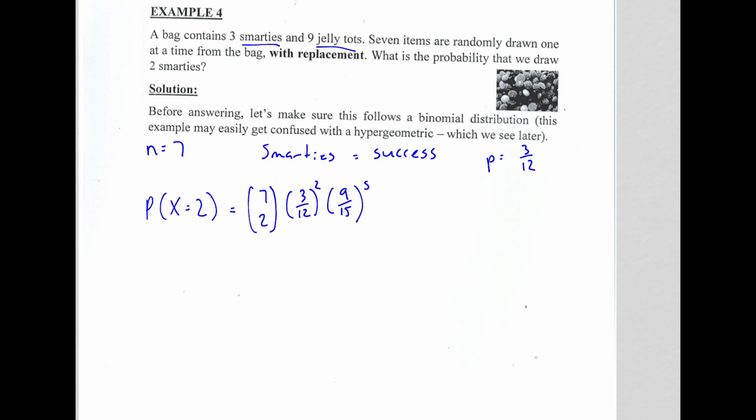And that must be to the power of 5 because the 5 and the 2 must add up to 7. Another way of looking at it is that the 5 is the n minus x, in this case, 7 minus 2. Work that out, and we get 0,3115, which is approximated to a 31.2% chance of this happening. Quite low because there are only 3 Smarties as opposed to 9 Jelly Tots.